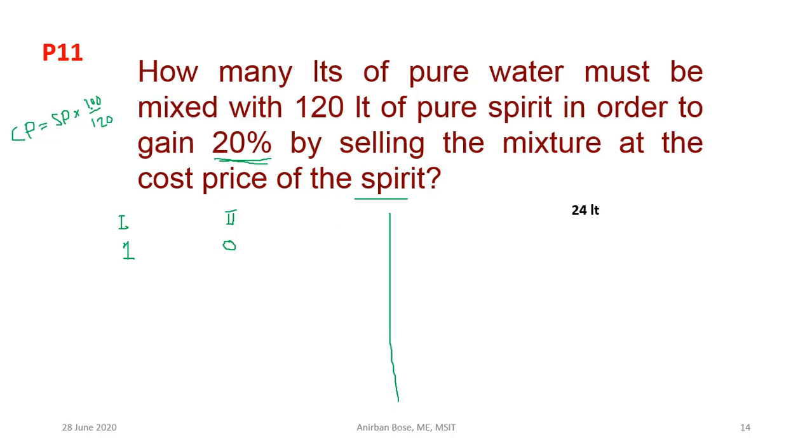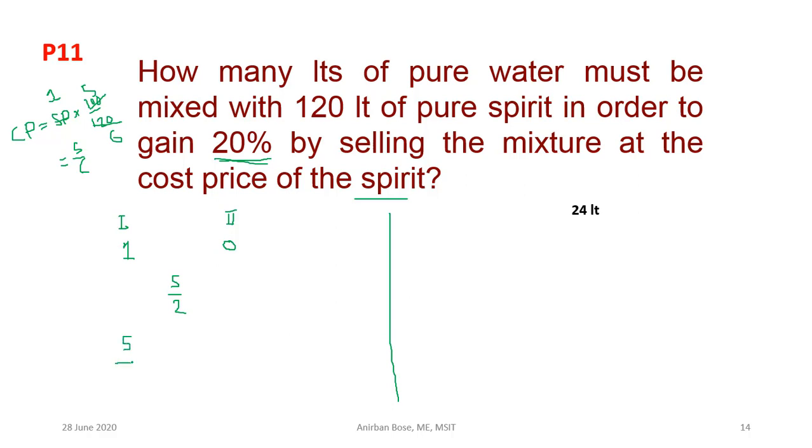Okay, so this is equal to 5 by 6, right? Now the selling price is 1, that is of spirit, and the cost price is 5 by 6. So this is the cost price of the mixture. Now take the difference.